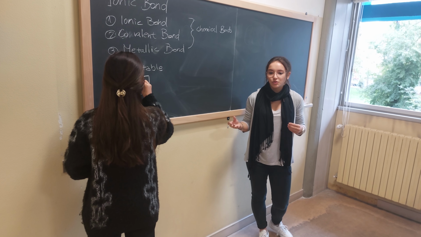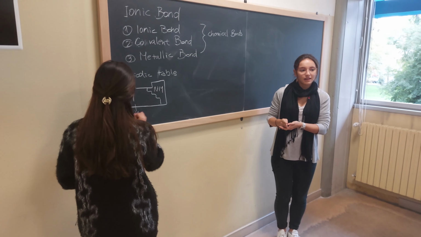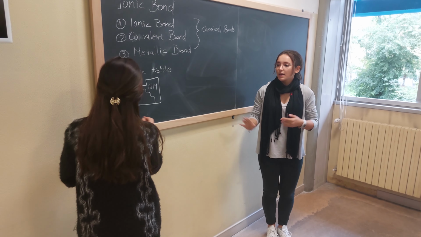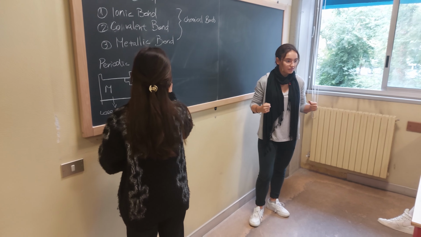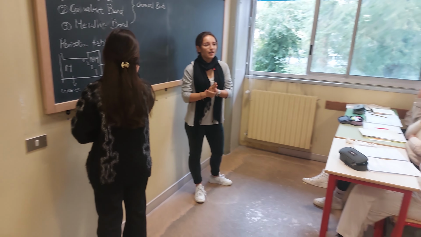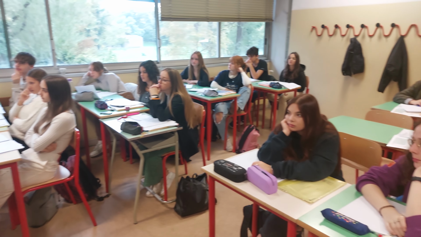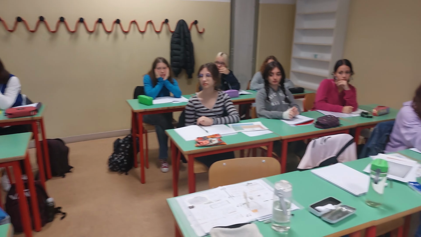So they tend to lose electrons, which means they have low electronegativity. Non-metals tend to gain electrons. They have 5, 6, or 7 electrons in a valence shell. This means they have high electronegativity.